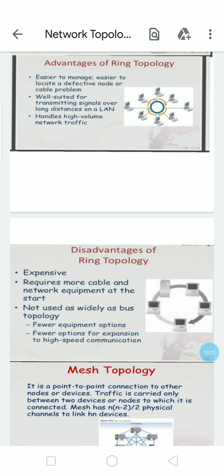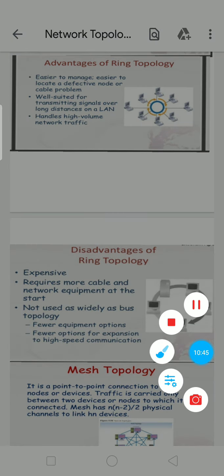There are multiple paths from one computer to another computer. It does not contain a switch, hub or any device which acts as a central point of communication. The Internet is an example of the mesh topology. Mesh topology is mainly used for wireless networks.